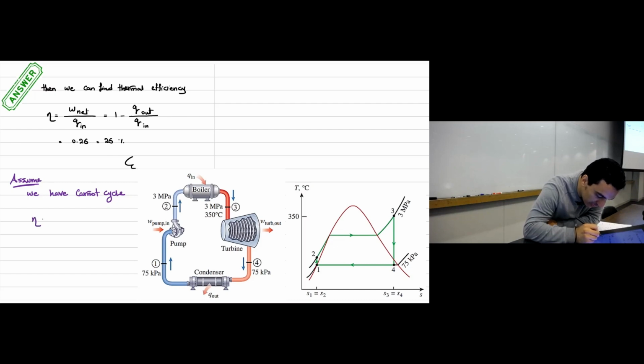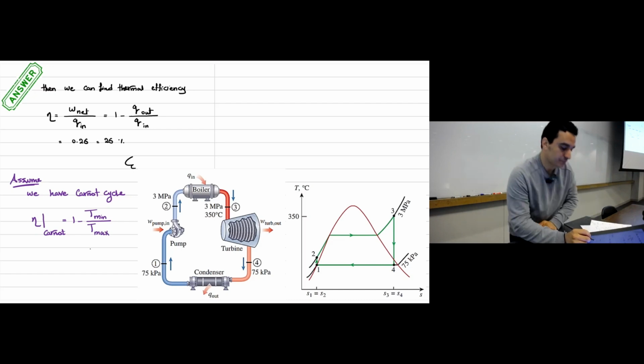So we can find thermal efficiency, and this special equation is only for Carnot cycle. So this will be 1 minus the minimum temperature you have in your cycle, or the lower temperature, divided by the highest temperature you have in your cycle.